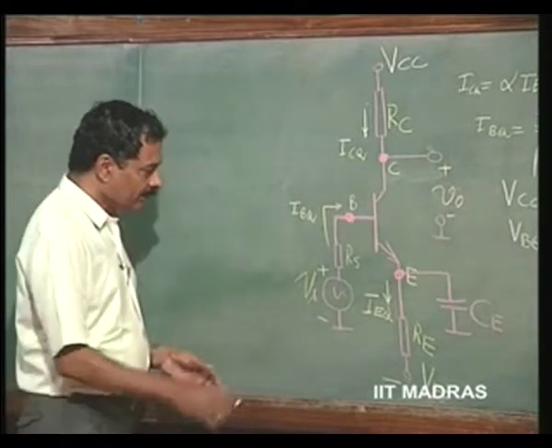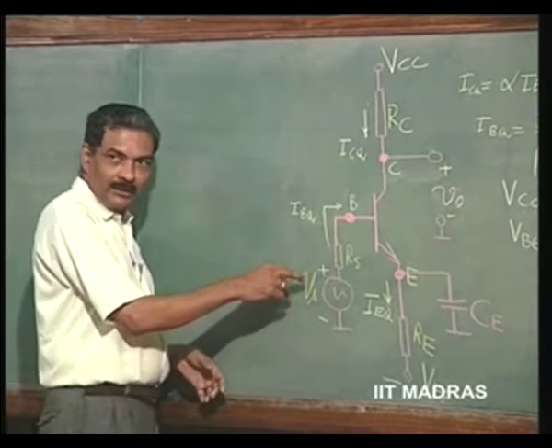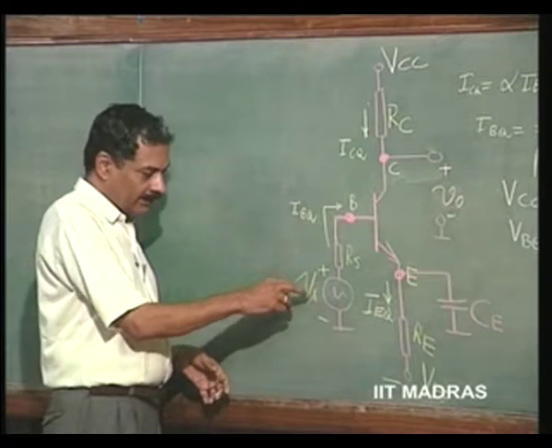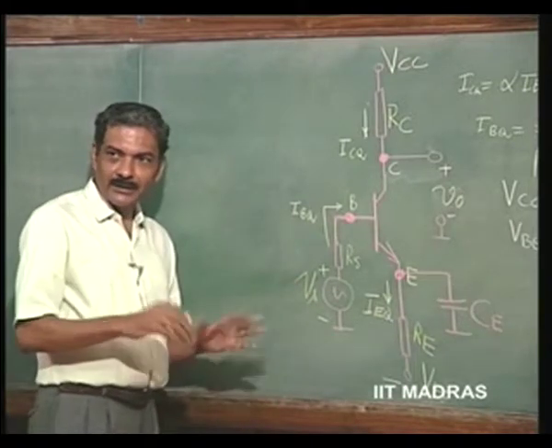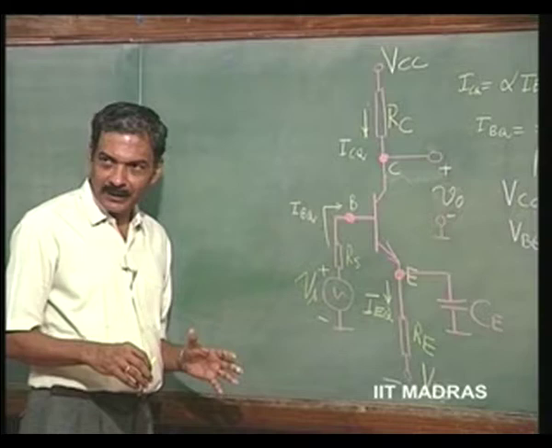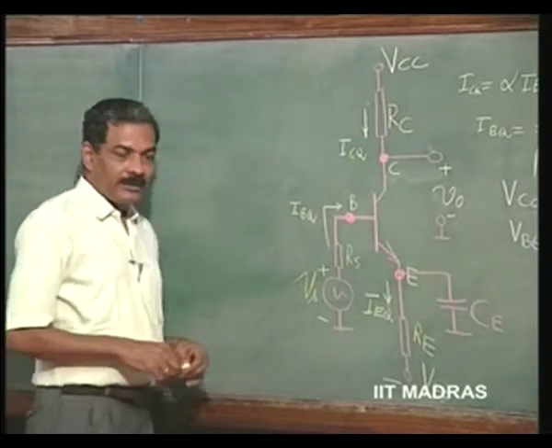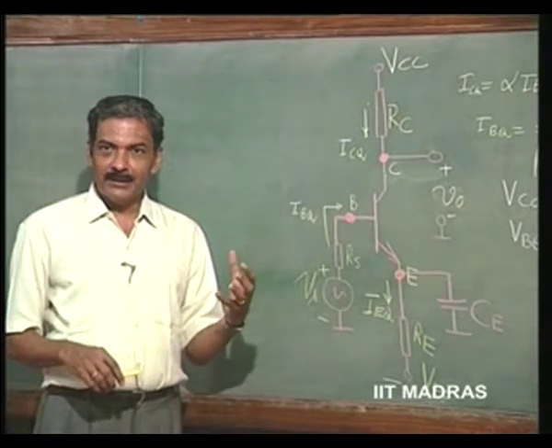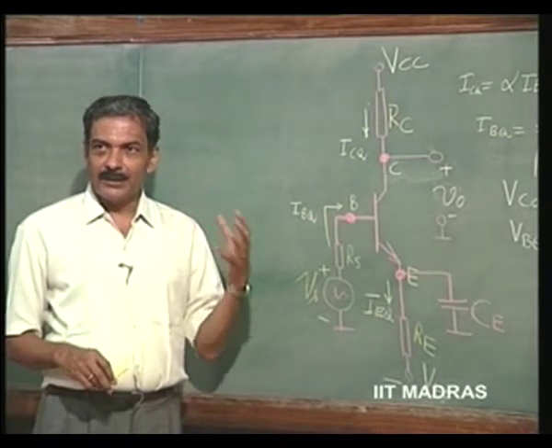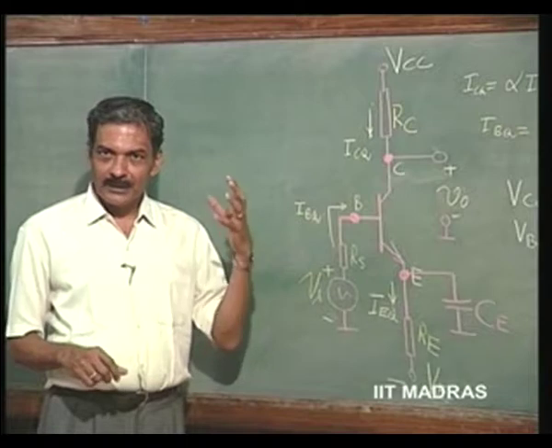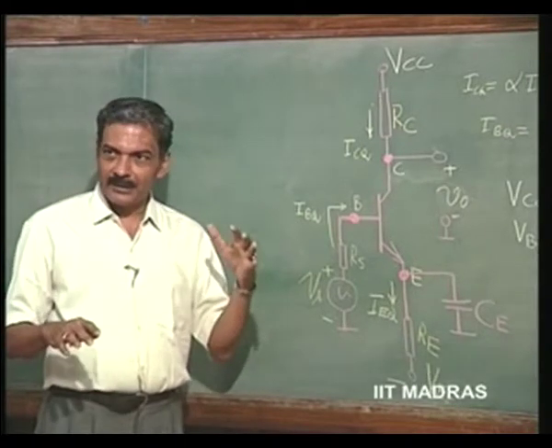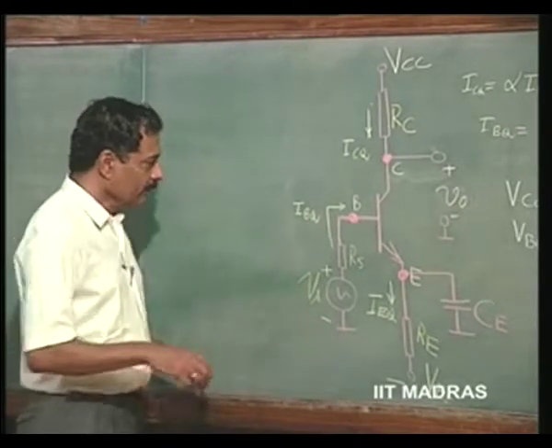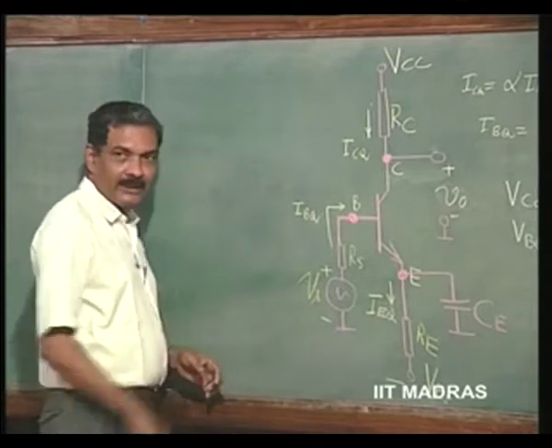Please remember, small letters with small suffix indicate the time variation in signal. The small letters with capital suffix indicate the instantaneous value of the signal at any time, including DC as well as AC. So this is the variation Vs.